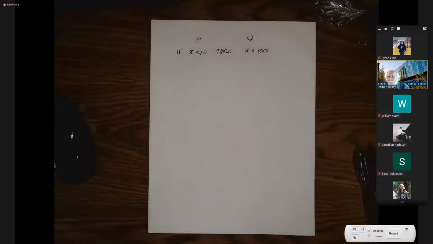Okay, I think we all feel quite comfortable with this being a valid statement, that this definitely represents what if-then means. Any questions on that?